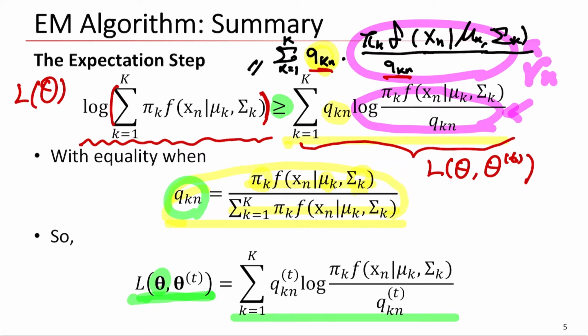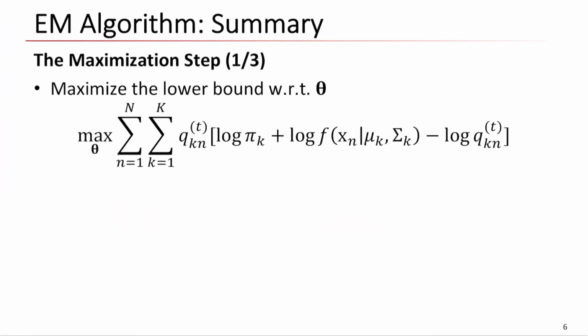And when we put this QKN here, this equation consists of the pi k, mu k, and sigma k, right? So from this new loss function, we will solve for pi k, mu k, sigma k much more easily than with the previous original L of theta. Okay, now we have the new loss function.